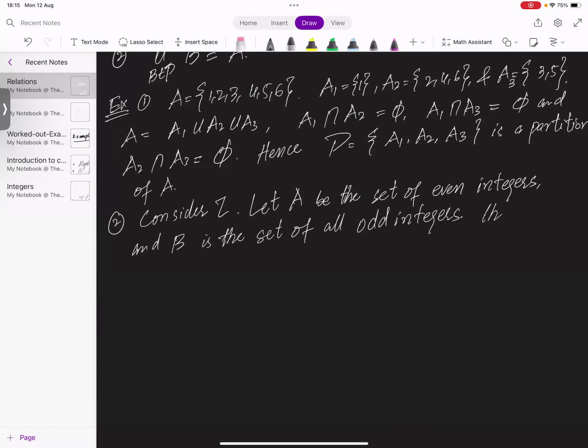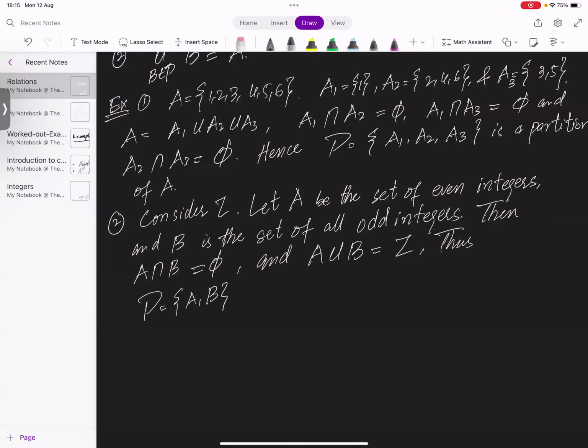Then A intersection B is phi. There is nothing common between these two sets, and if you combine these two sets, you get Z. Thus, P containing A, B is a partition of Z.